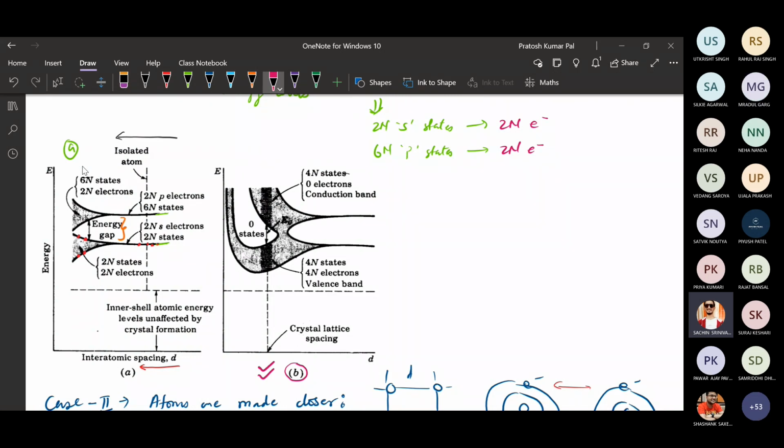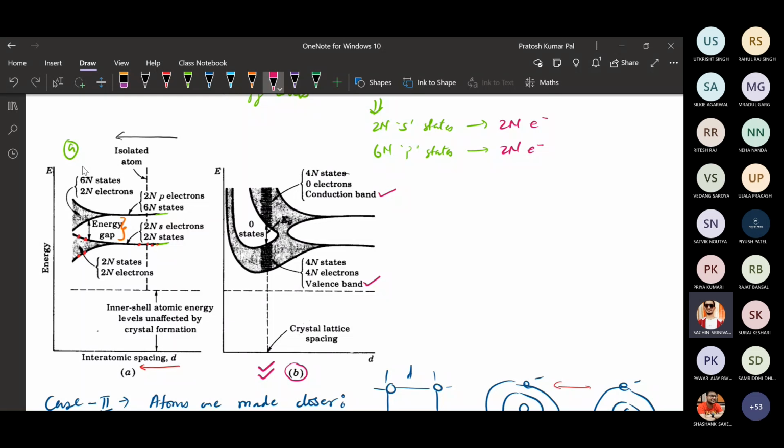If the band is occupied by electrons, here 4n electrons and 4n states are there, so this occupied band will be considered the valence band. The empty band on the upper side will be considered the conduction band, and it will have zero electrons in whatever states are there.